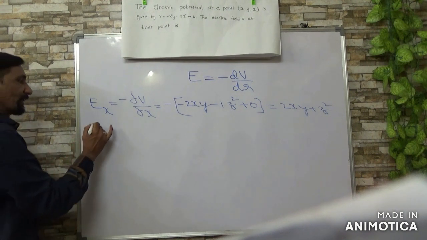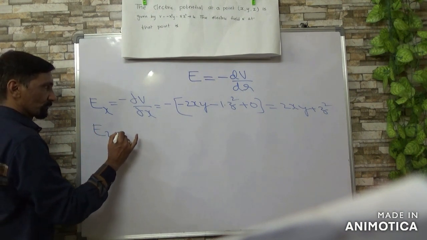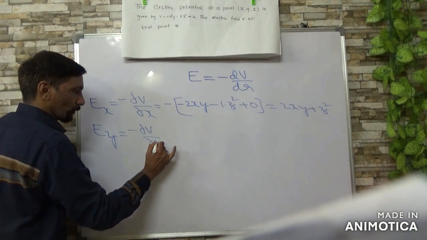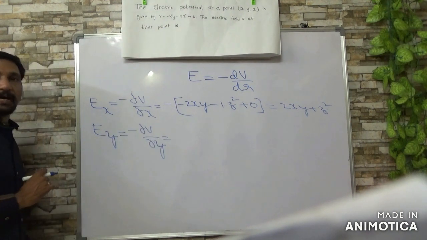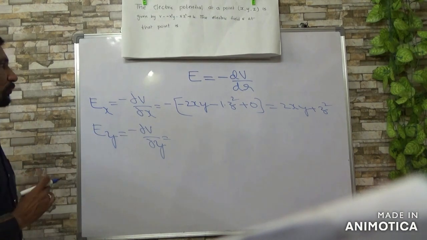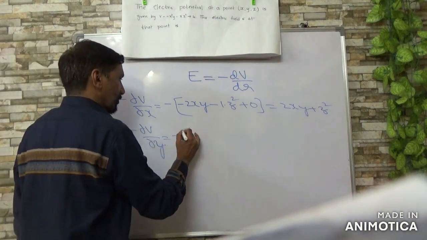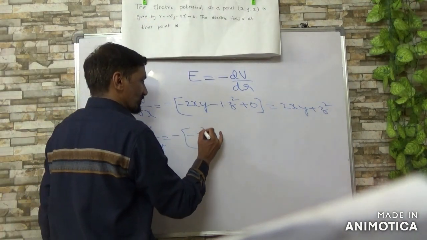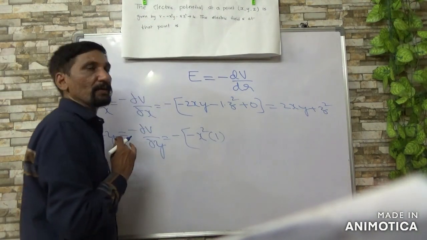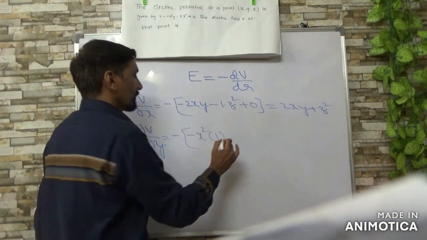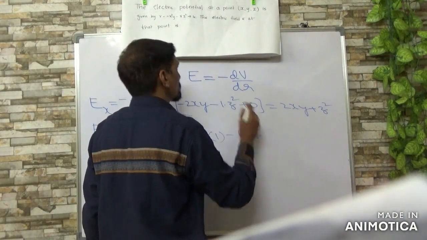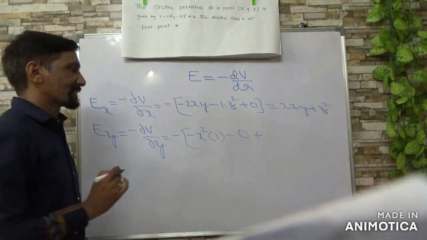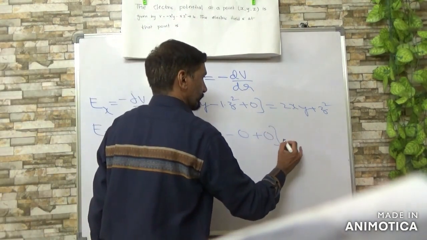Similarly, we can find Ey also. Minus ∂V/∂y, partially with respect to y. Minus of x squared as is, the derivative of y is 1, and the other terms are 0 because you are differentiating with respect to y, so the others are treated as constants.